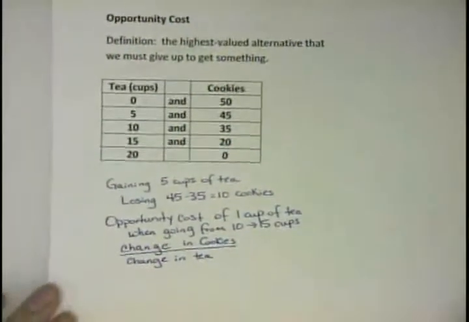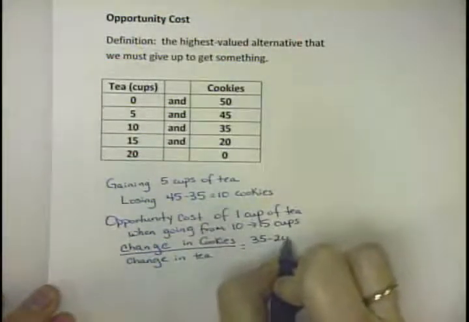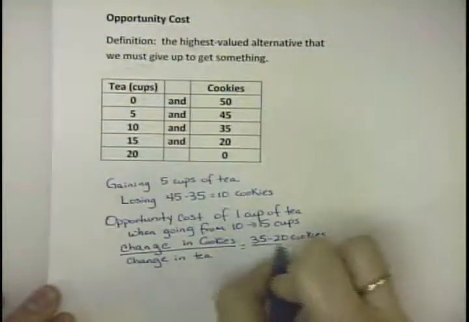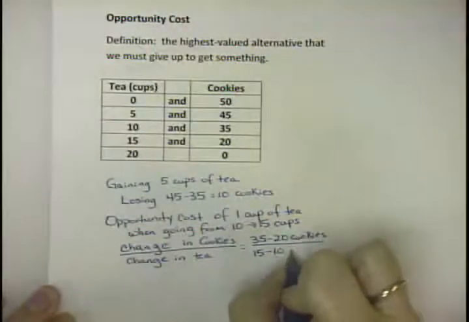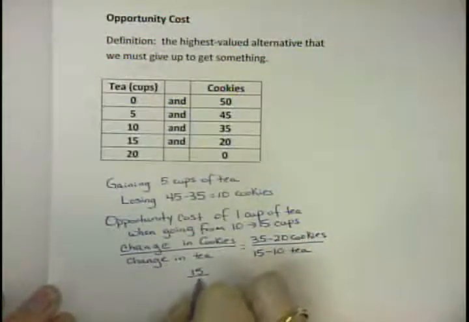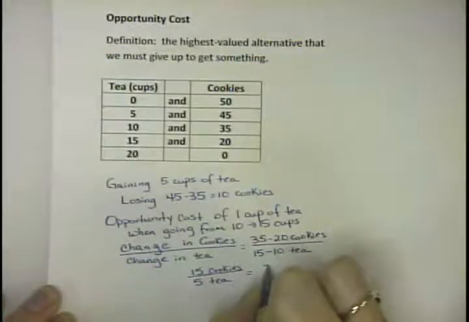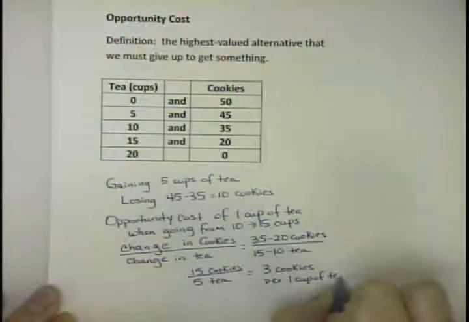Okay, so here our change in cookies is going to be that 35 minus 20 cookies, and our change in tea is going to be the 10 to 15, which is 15 minus 10 cups of tea. So now we have 15 divided by 5, that'd be 15 cookies, and over 5 tea. So that's going to be 3 cookies per 1 cup of tea.